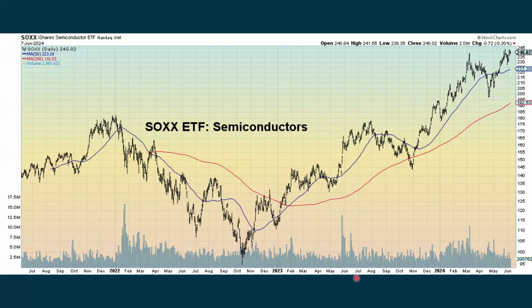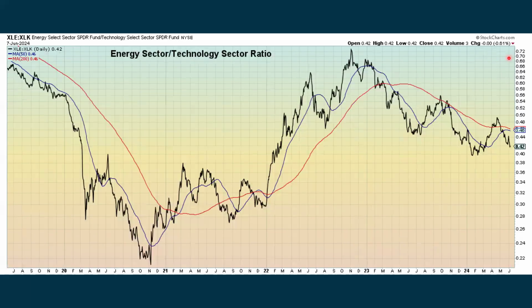Semiconductor, the ETF here, semiconductors, this is one of the strongest areas and one of the biggest areas when it comes to tech. So this is in an uptrend and not quite setting a new all-time high, but near all-time highs. That's positive. We look at the energy sector and compare it with tech. When this is going down, that means energy is underperforming.